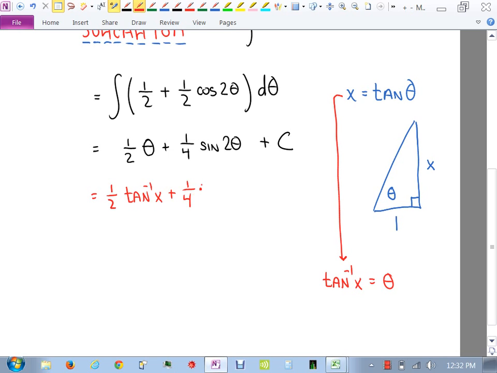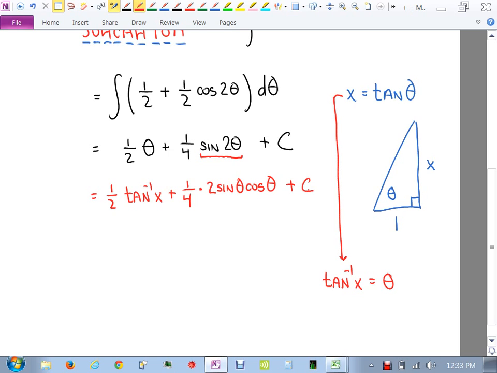Be very careful here. I need to know what sine of 2 theta is. Not sine of theta, sine of 2 theta. No, you cannot factor the 2 out. But you can use your double angle identity. Remember what sine 2 theta is from pre-cal? Of course, it's 2 sine theta cosine theta plus c.